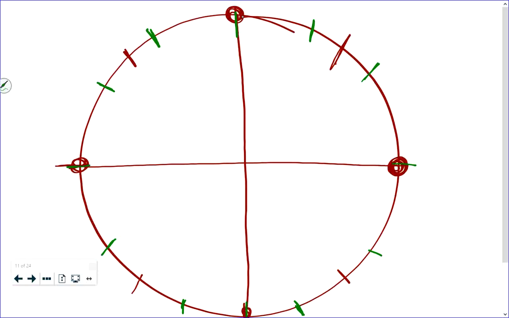So if you look carefully at the objective, it says special angles that are in quadrant 1. Well, what are those? That would be 30, 45, and 60. And then also we're going to be looking at 0 and 90. So what does this objective mean?